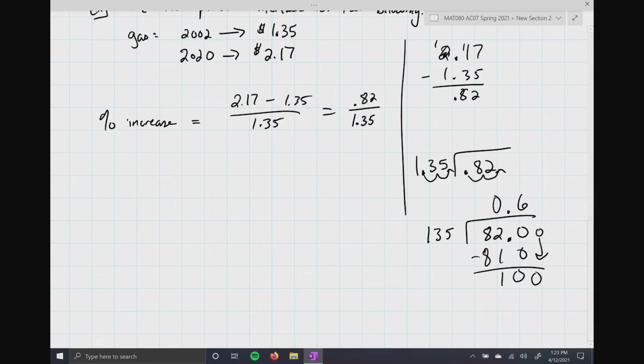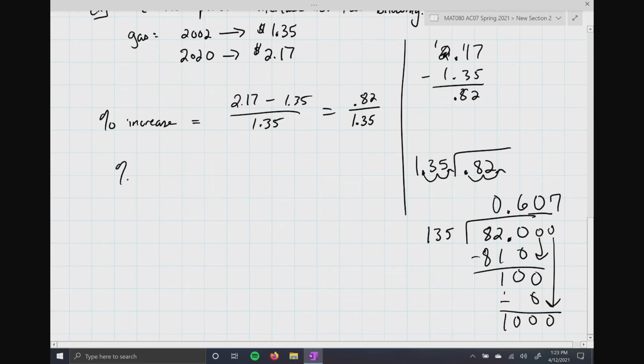Drop down to 0. 135 does not go into 100. So you would put a 0. Subtract, put a 0. And 135 goes into 1,000. What do you think? 7 times? I think 7 works. So we'll leave it there because I just wanted to round.